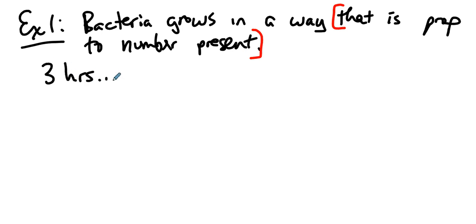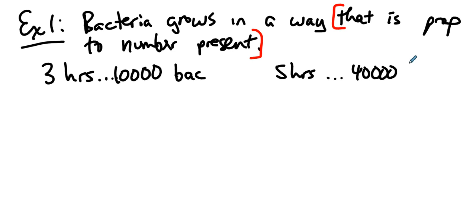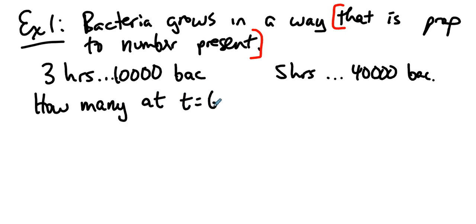After 3 hours, there are 10,000 bacteria. After 5 hours, there are 40,000 bacteria. I want to know how many there are at 6 hours. This is relatively straightforward to do.